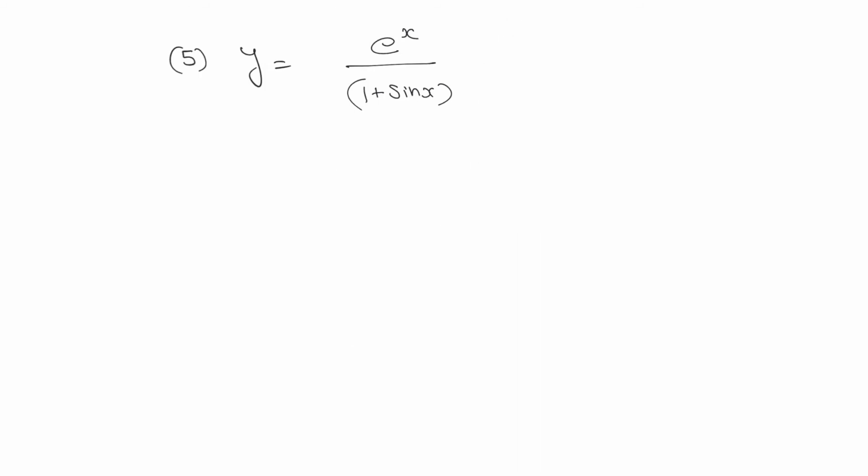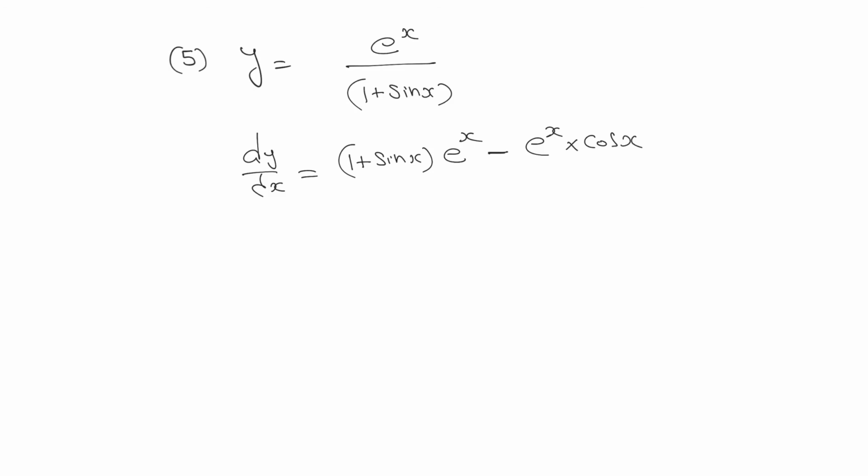We'll take another example. If y is equal to e raised to x divided by 1 plus sin x, our aim is to find out the value of dy by dx. So we can write it as denominator, that is 1 plus sin x, into differentiation of numerator minus numerator into differentiation of 1 plus sin x, which is cos x.